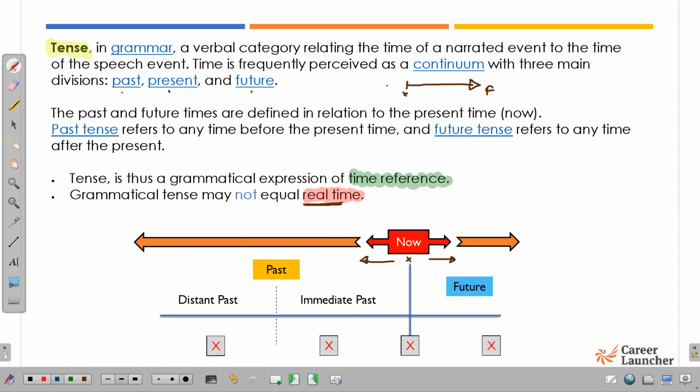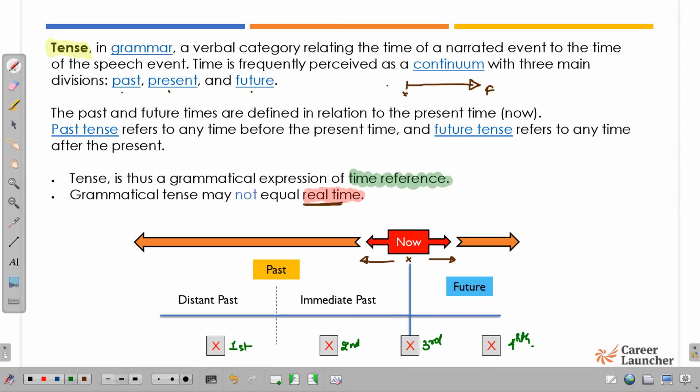The actions can be placed in these 4 major areas: distant past and immediate past, which have separate tenses, so keep this in reference. This is the first position where the action can happen. The second position, the action can happen right now. The third position, and then the fourth position. These are the major 4 categories of the tenses.